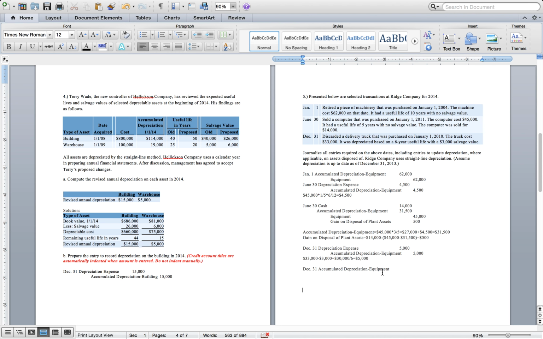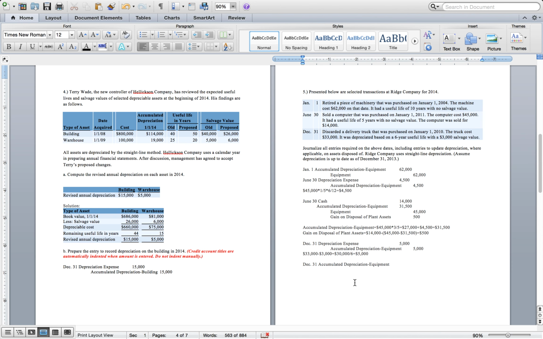Okay. So we start the first part, okay, which is going to be cost minus salvage value, which we know is just like we did up here. $33,000 minus $3,000 is $30,000. Except to see how much cumulative depreciation we have, you multiply by 5 divided by 6.